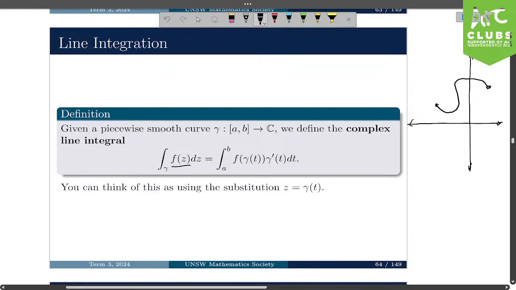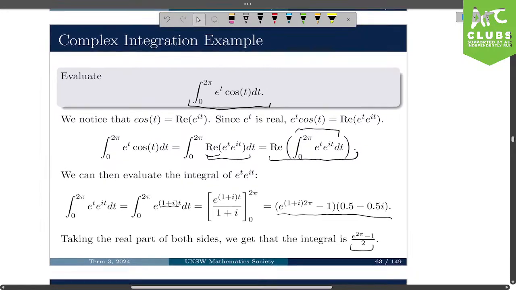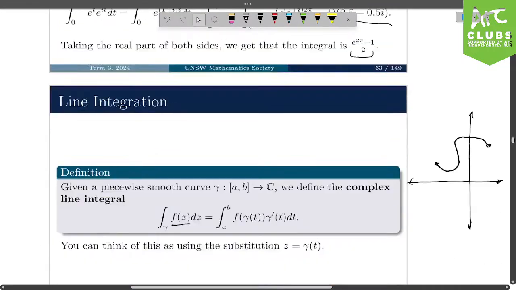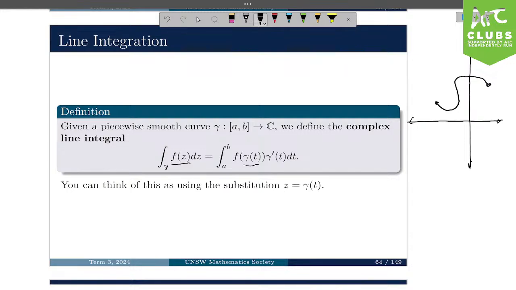Well, we can turn it into a sort of semi-real integral that we evaluated before. The way we do that is we substitute in our parameterization of the curve, gamma t, multiply it by the derivative of our parameterization and dt.